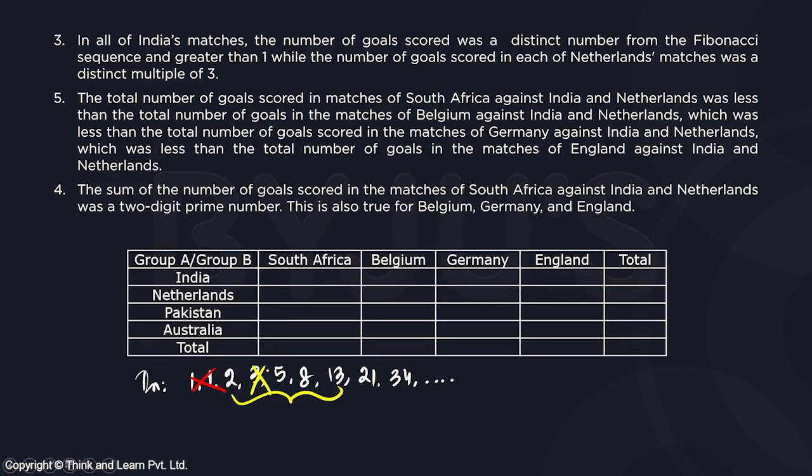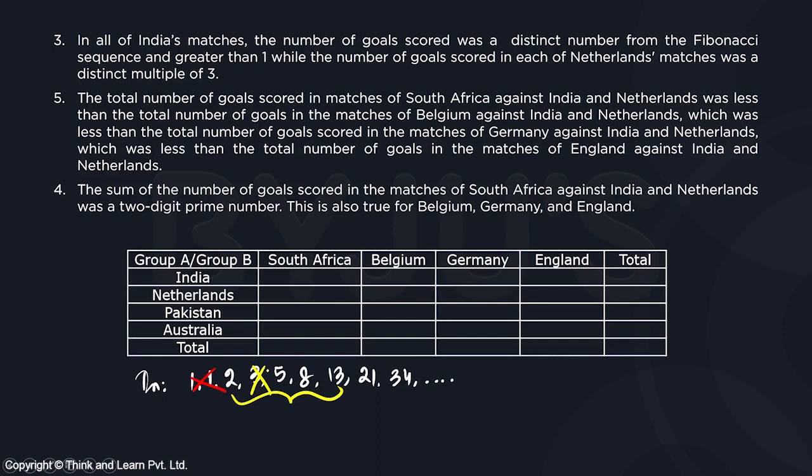Why? Because if 3 is there for India, then the sum with Netherlands matches will become a multiple of 3, right? And if it becomes a multiple of 3, that means it cannot be a prime number in that case, isn't it? The only number which is a prime number and a multiple of 3 is the number 3 itself.